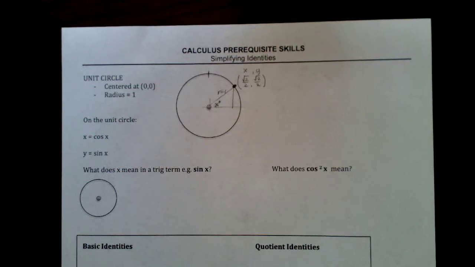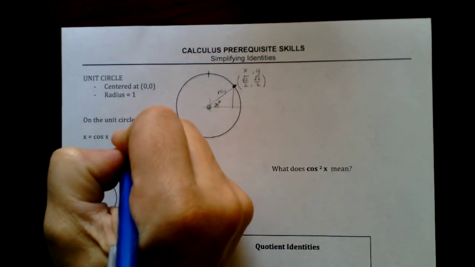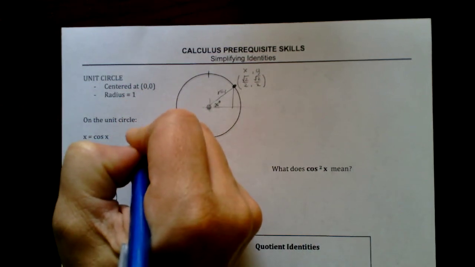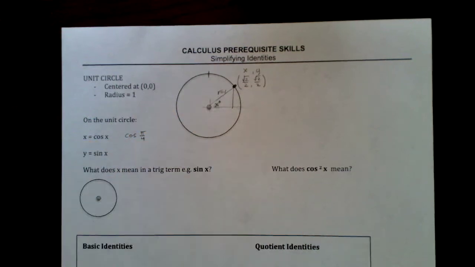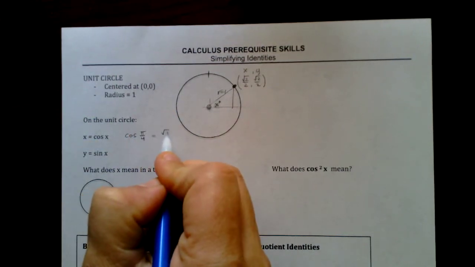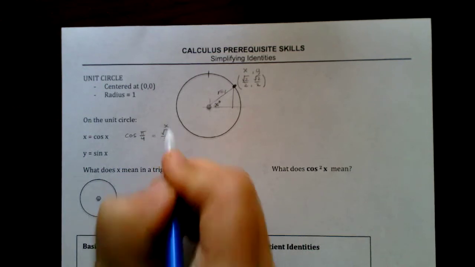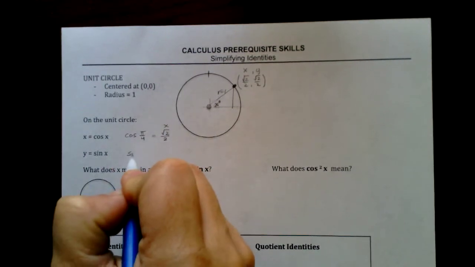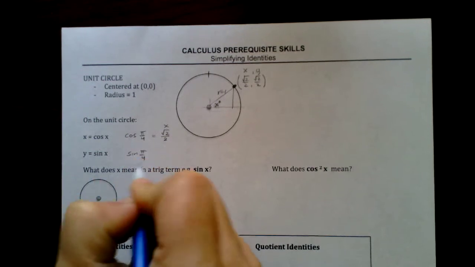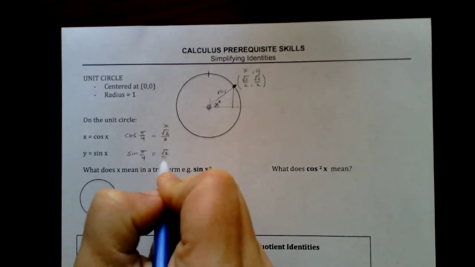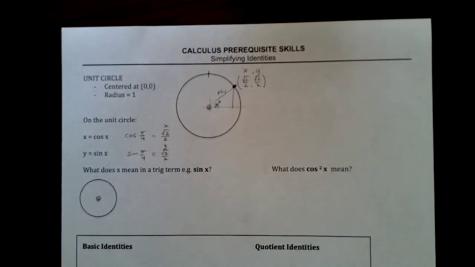Okay, so something to keep in mind here is that I could ask you, which was yesterday's work, the cosine at pi over 4, and we would say that the cosine of pi over 4 would be the x value, which is root 2 over 2, or the sine of pi over 4. Notice how x was replaced with the radian value, and again, I'm going to get root 2 over 2.